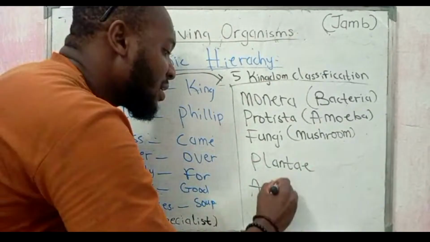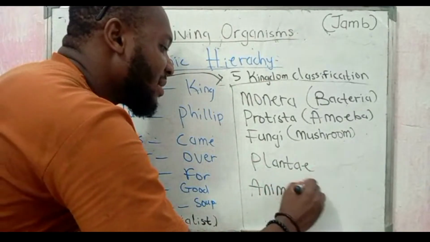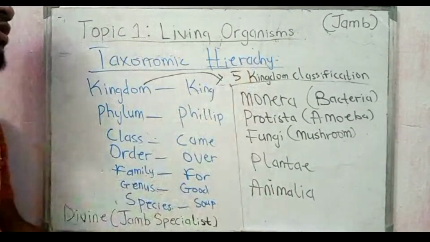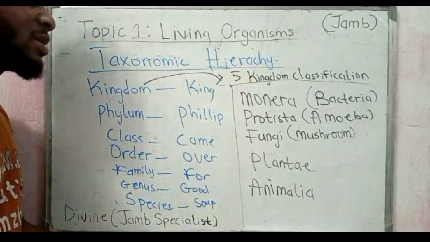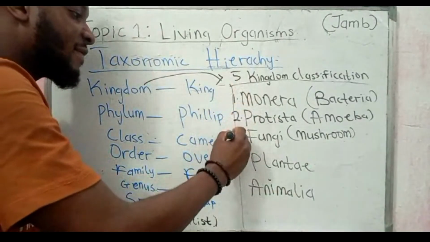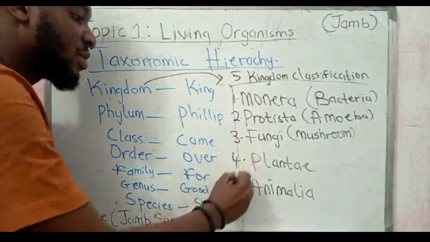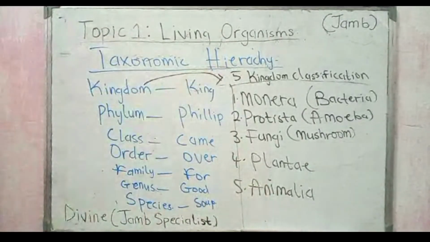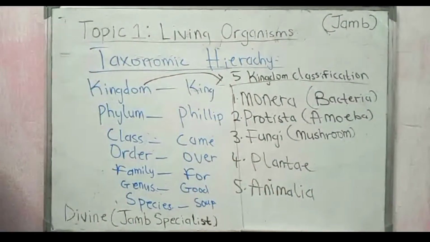So these are the five kingdom classifications under the taxonomic hierarchy. We'll be looking at one more thing and we'll call it a day.